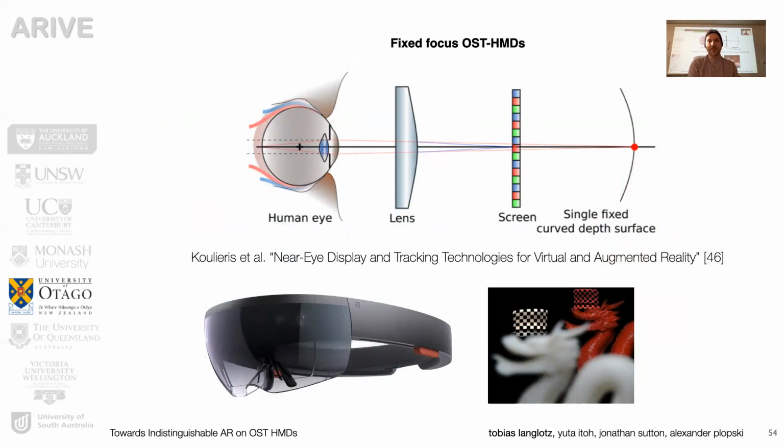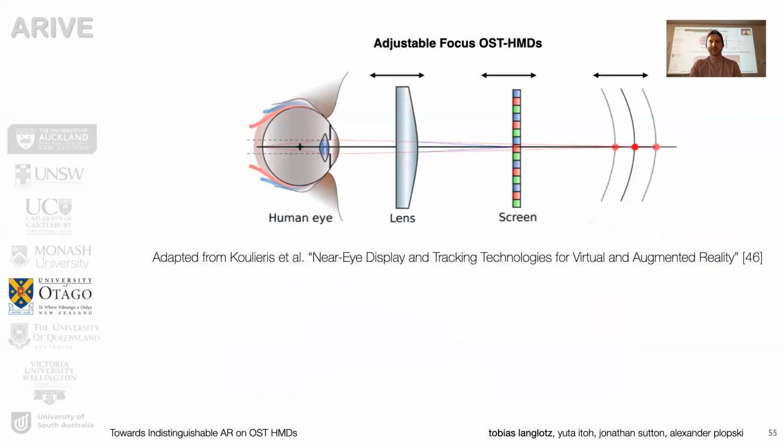So the first thing is the traditional approach, where you have a lens and a fixed screen, and you have this single focus surface, which is basically where our image is presented. This is what we have in the HoloLens, and you see down there an image demonstrating that.